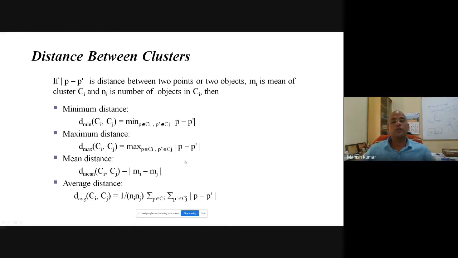When you look for this calculation, the combinations that appear form the Cartesian product of the data points of one cluster and the data points of the other. So for the average distance we use 1 by ni nj, which gives the total number of data point pairs generated out of Ci and Cj.